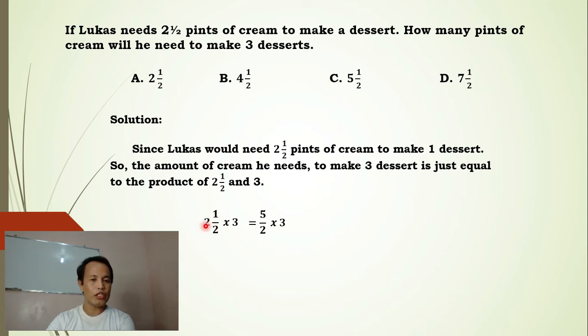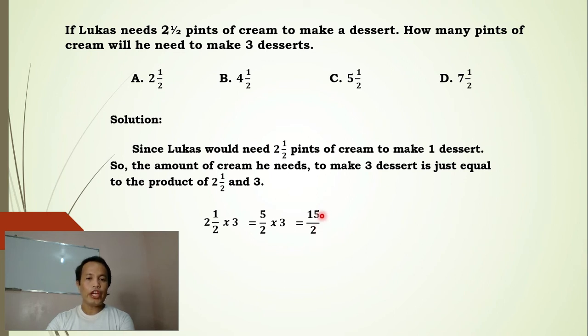So 2.5 is equal to 5 over 2. Then we copy times 3. Then we multiply 5 times 3, which is 15. Then 2 times the assumed denominator 1 of 3, so 2 times 1 is 2. So this is 15 over 2.